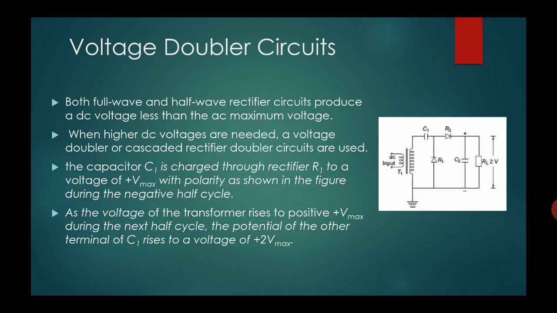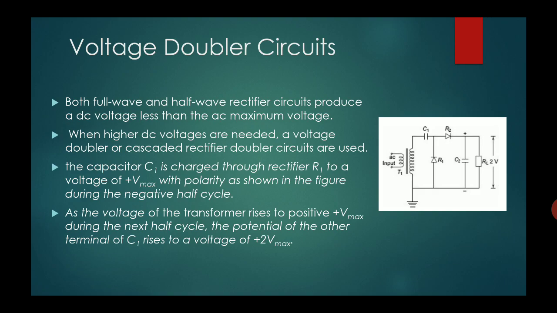As the voltage of the transformer rises to a positive voltage plus Vmax during the next half cycle, the potential of the other terminal of C1 rises to a voltage of plus 2 Vmax.